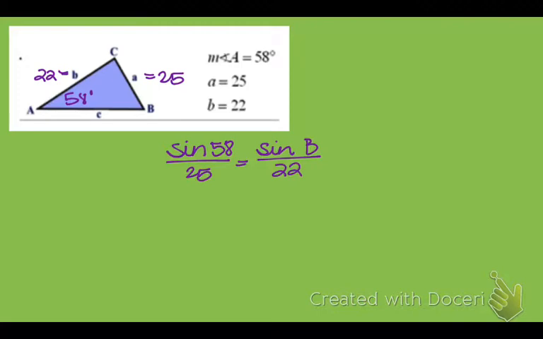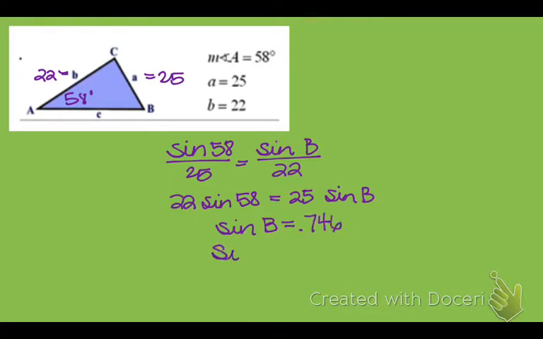So we're going to work on our cross multiplication. So 22 times the sine of 58 is equal to 25 sine of B. We divide by 25 on both sides. So the sine of B is going to be equal to about 0.746.